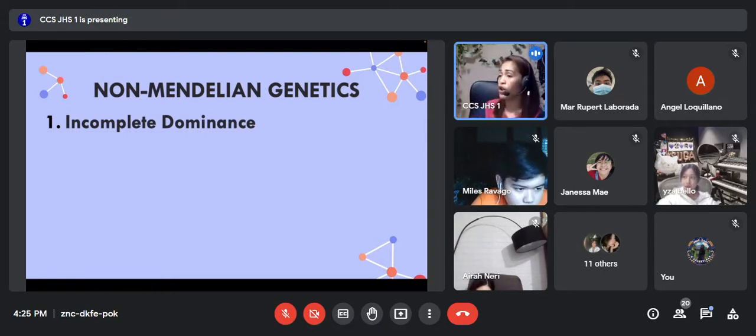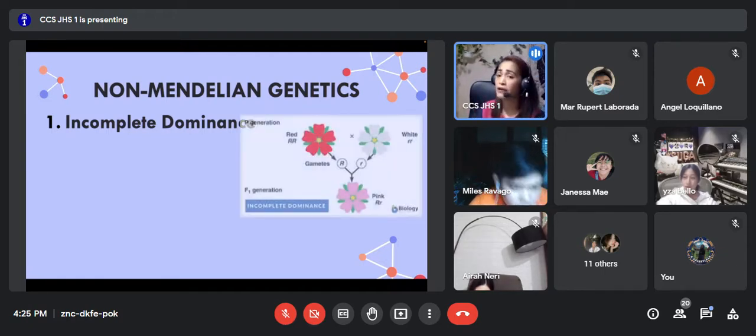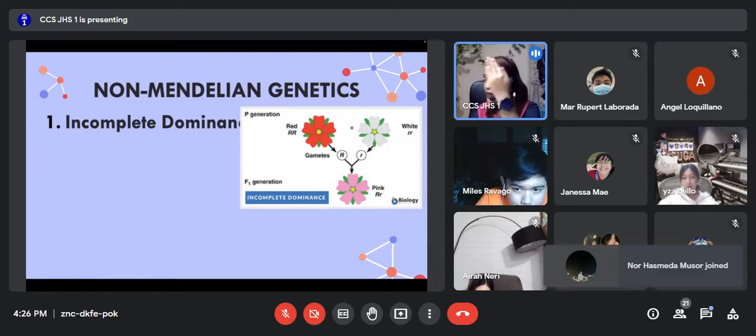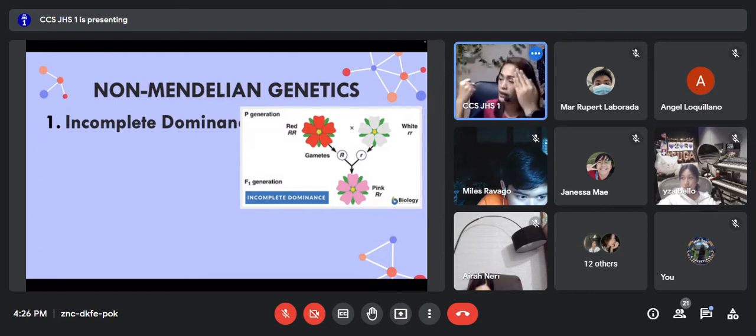And one of that is what we call incomplete dominance. So I have here an image to help you visualize what we mean by incomplete dominance. Let us say if this is my right hand, the dominant allele, let us say red, and my closed fist is my white option.